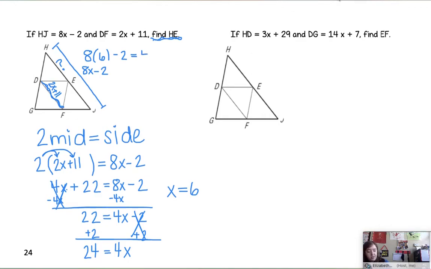Minus 2 is 46. So now we know this whole length is 46. So if from H to J is 46, how much is just HE?